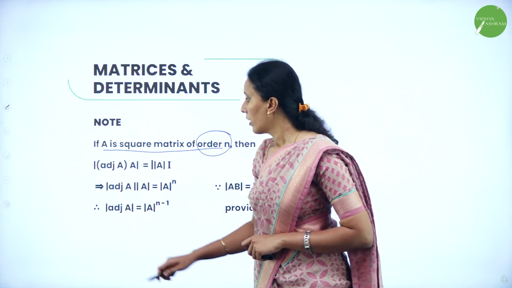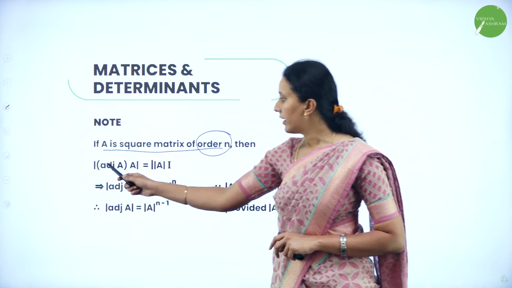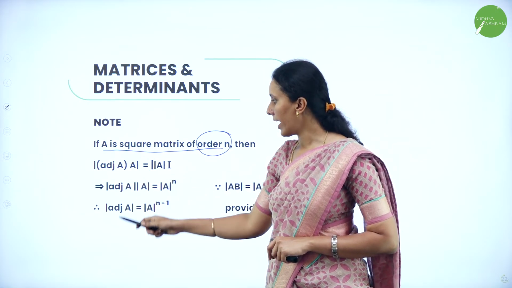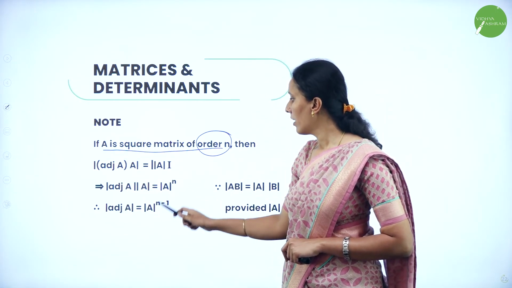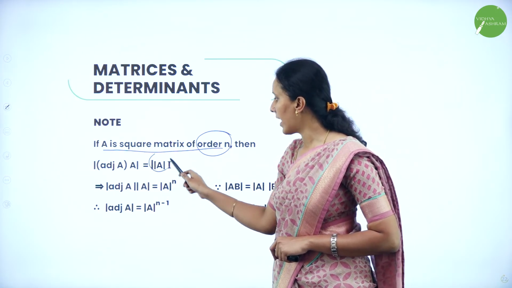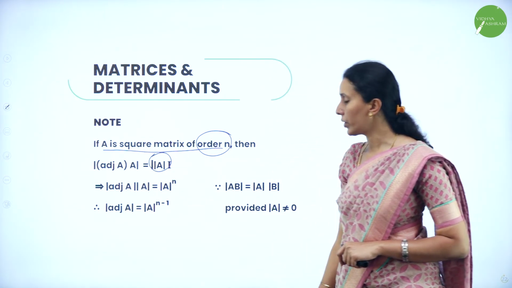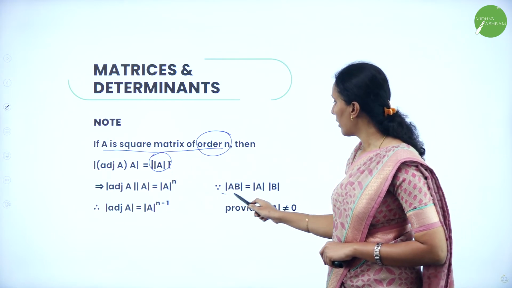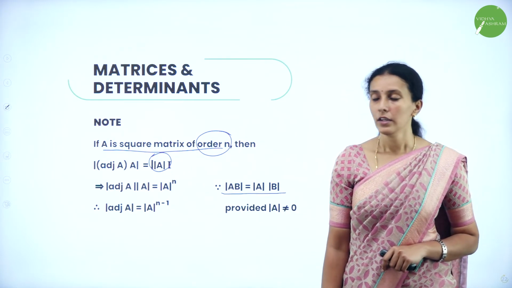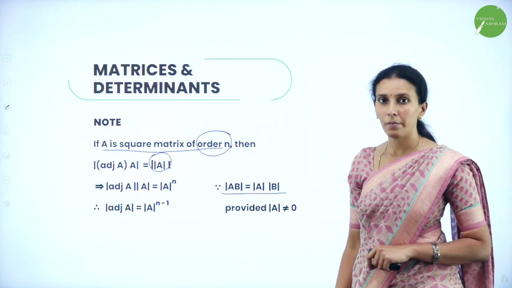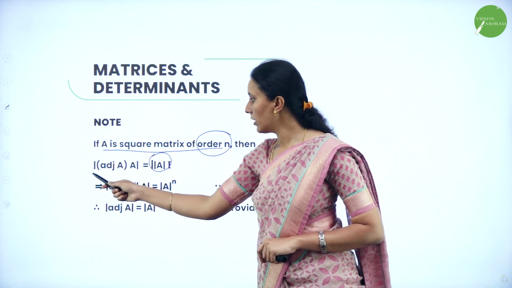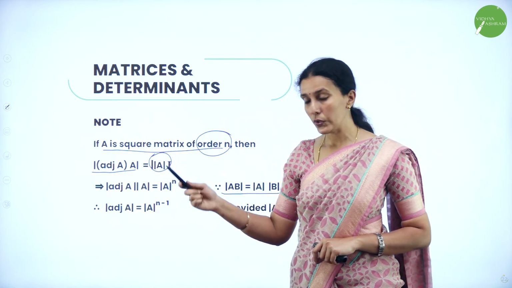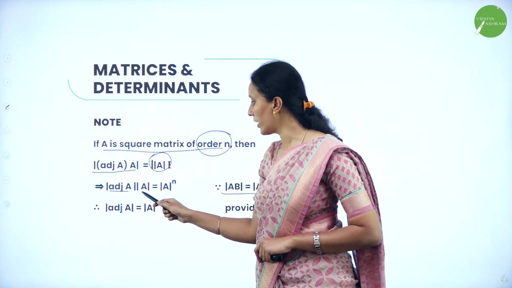So therefore, we can write the determinant of adjoint A into A as determinant of adjoint A into determinant of A, and here the right side we can take as determinant of A whole to the power n, because the determinant of AB can be written as determinant of A into determinant of B.